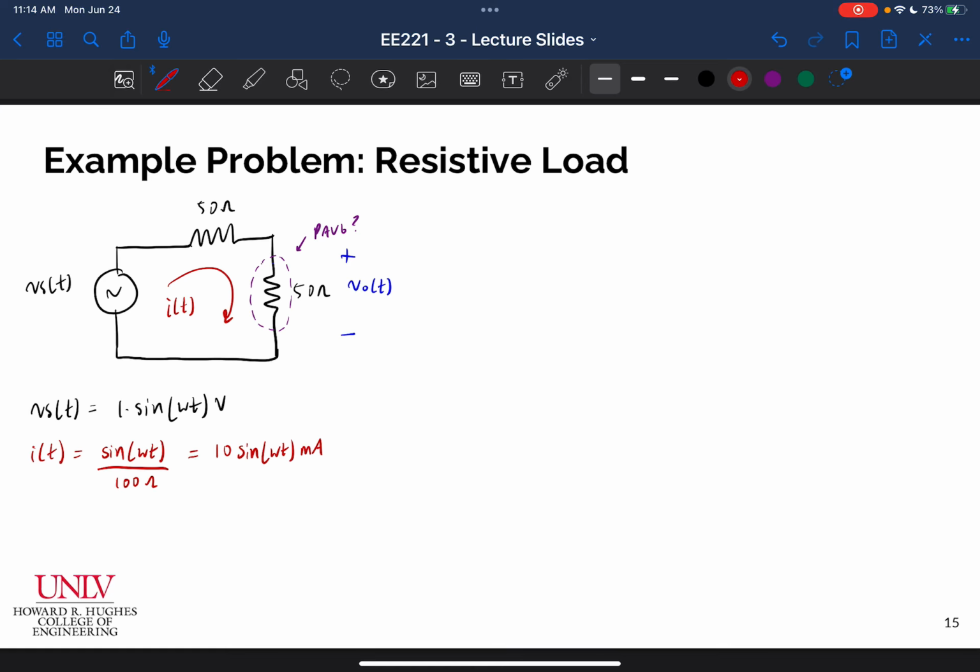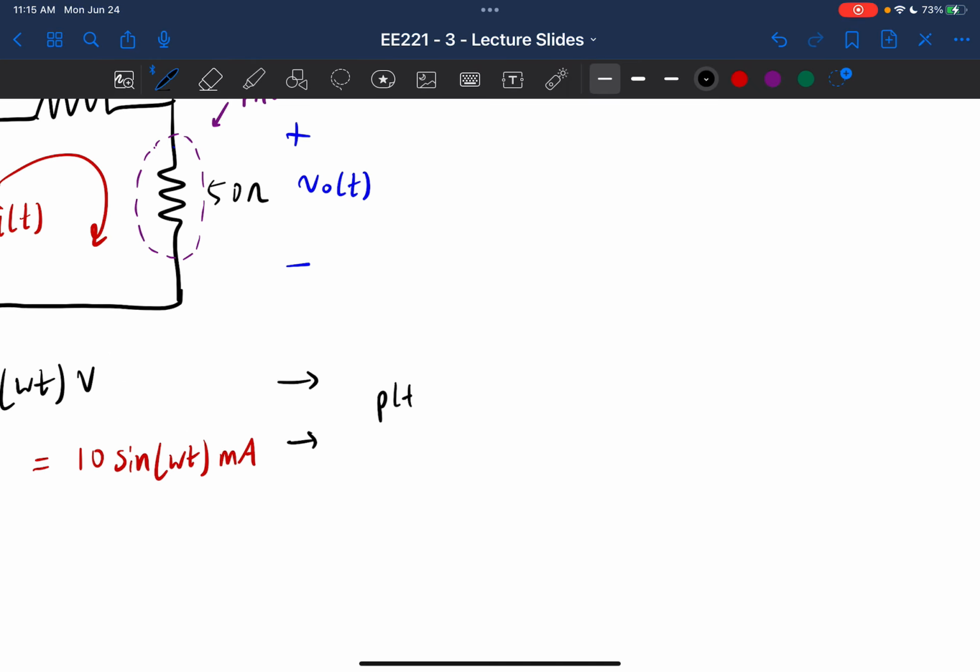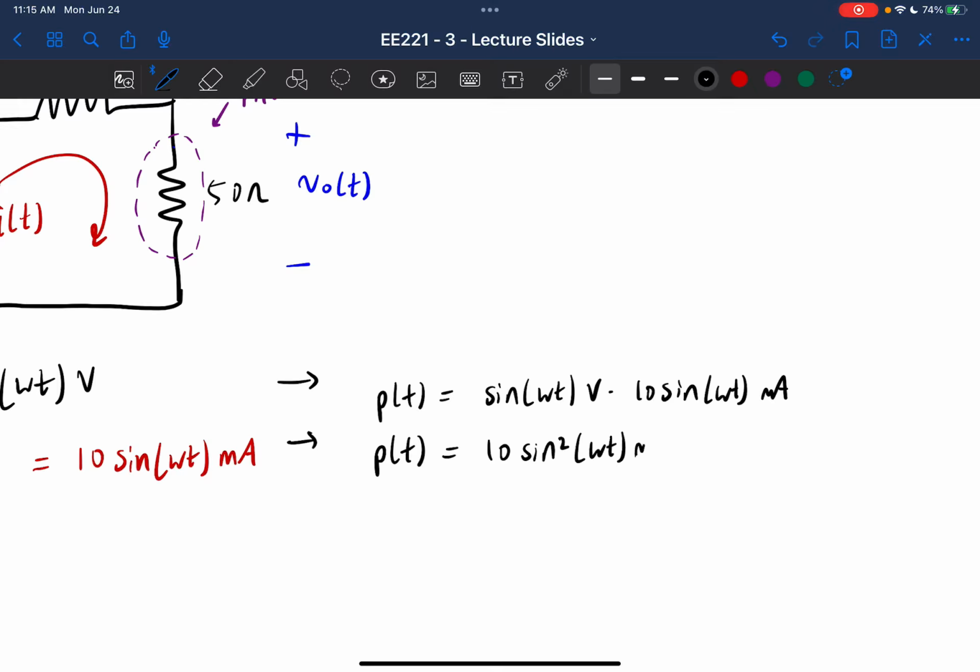So now I need to find my average power. I have two options. I could obviously take these two and find the instantaneous power, which would just be P of t is equal to sine of omega t volts times 10 sine of omega t milliamps, which would give me P of t is equal to 10 sine squared of omega t milliwatts, which would give me 5 times 1 minus the cosine of 2 omega t milliwatts.